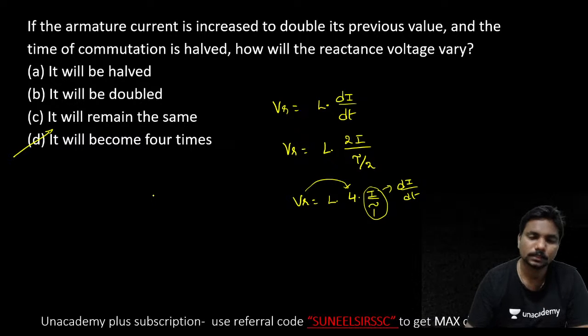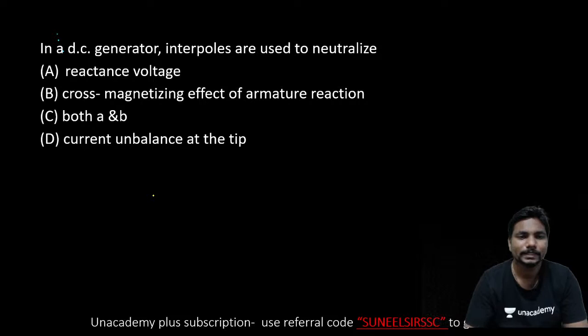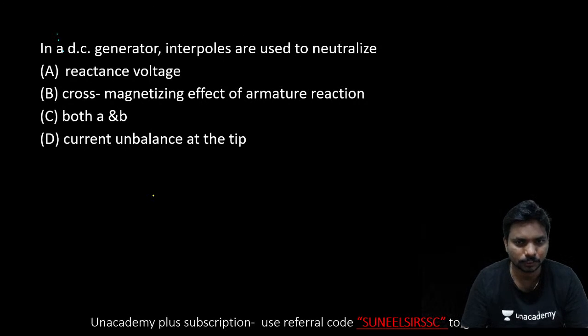Good morning, Kajal. Coming to the next one. In DC generator, interpoles are used to neutralize the dash.